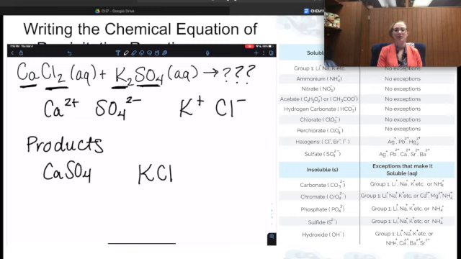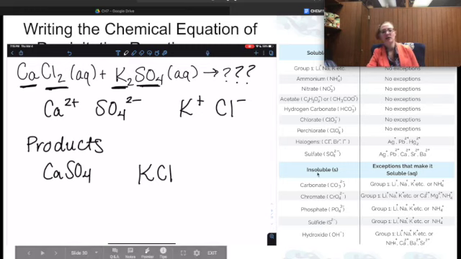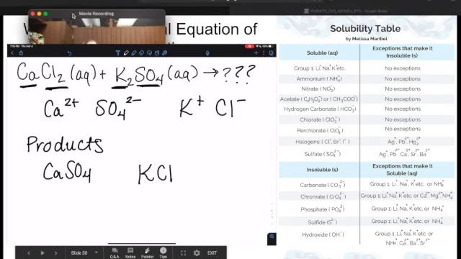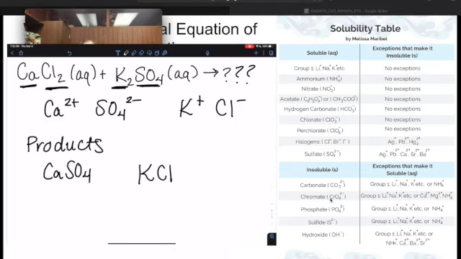The next thing we need to do is to determine the state of the products. So I need to check the calcium sulfate and check the potassium chloride to see if they are soluble or not. So I'm going to go ahead and look for calcium or sulfate on the left-hand side of our table over here. Calcium sulfate.